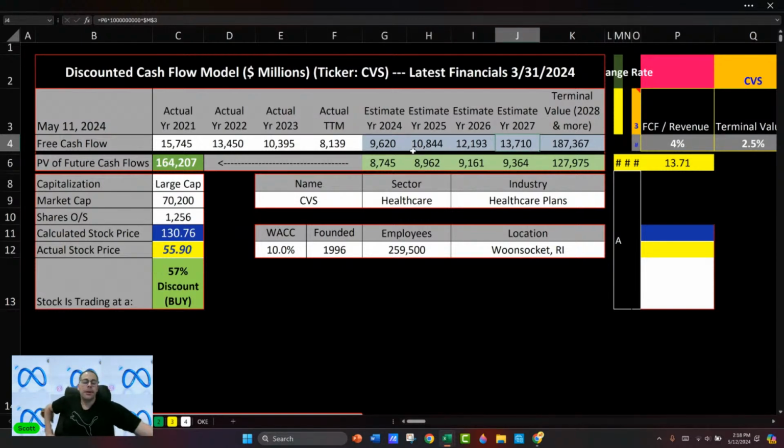I can't remember, but they were almost 16 billion of free cash flow in 2021, and their 2026 forecast is still lower than 2022 and 2023.